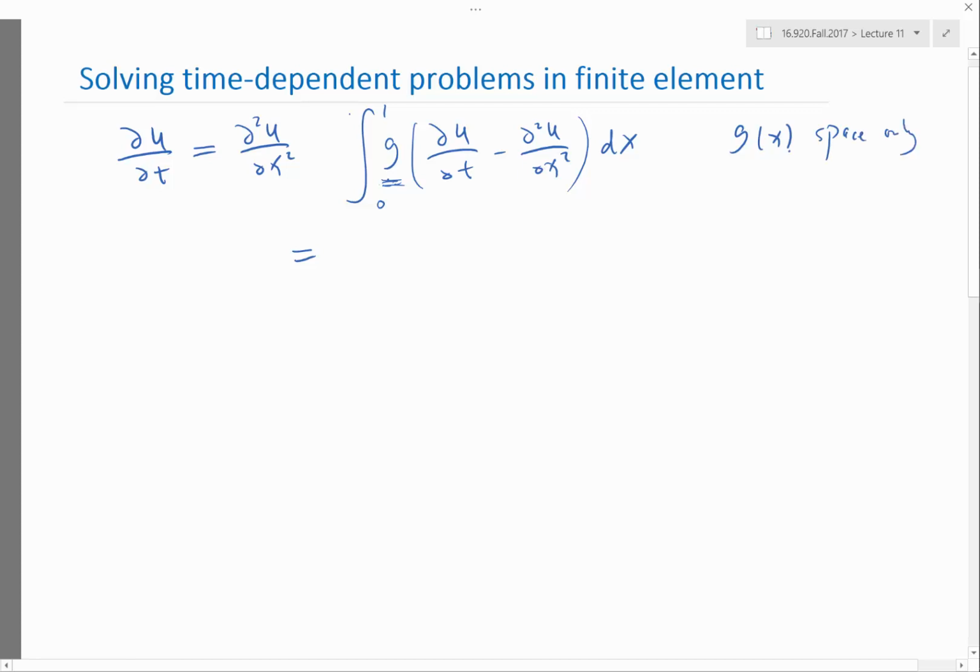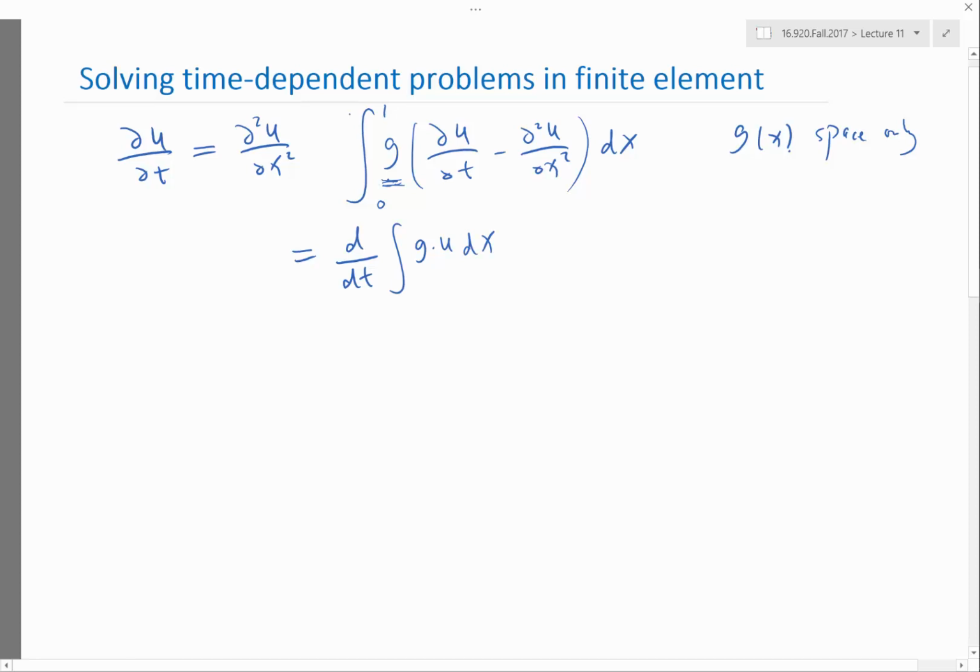But u is a function of space and time. So when g is a function of space only, you can take the time derivative out of this integral, and you get d/dt of the integral of g times u dx. So this is the first term.